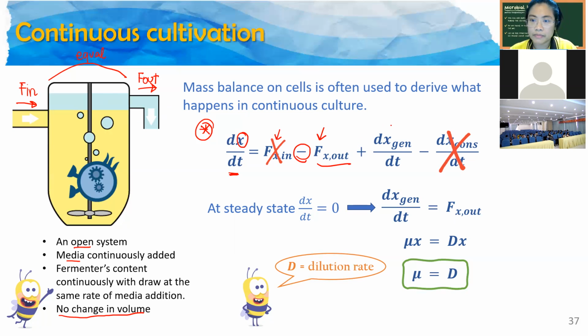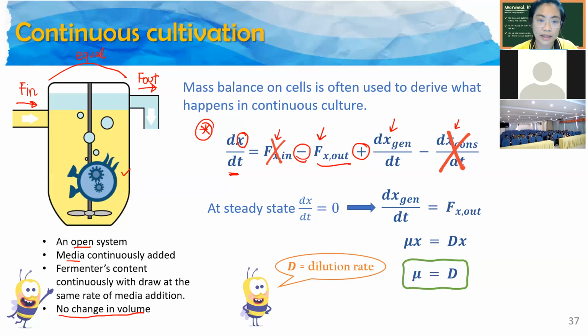Another term is that the X is being grown in the fermenter here. So that's why you have the biomass generated as a positive term here. And since we assume that there is no cell death, all the cells are being used for something, so the consumption of the biomass is 0.